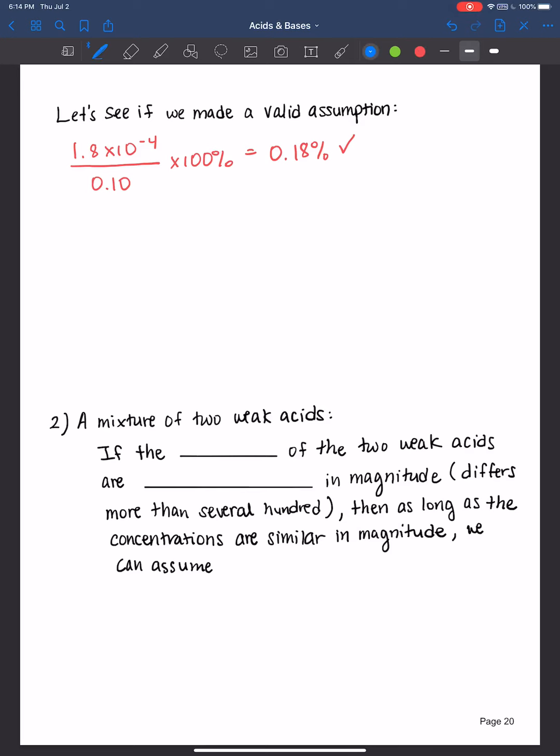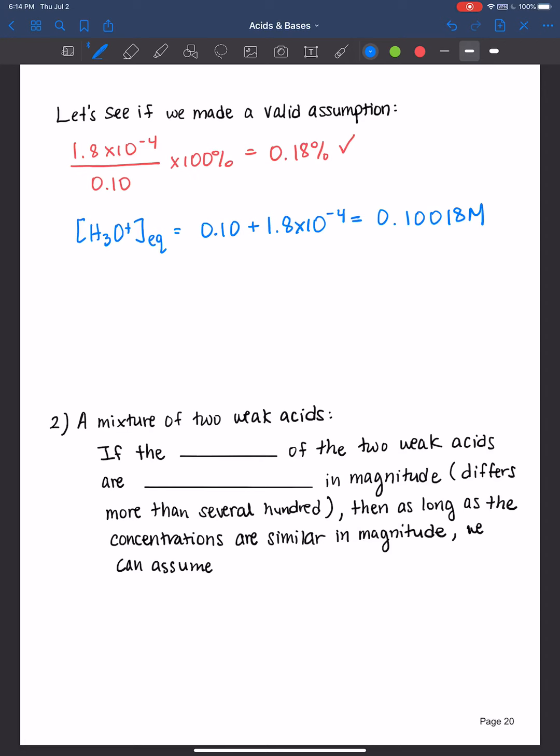So therefore, the hydronium ion concentration at equilibrium from that Rice table is equal to 0.10 plus x, which is 1.8 times 10 to the -4th. And so that concentration at equilibrium would be 0.10018 molar.